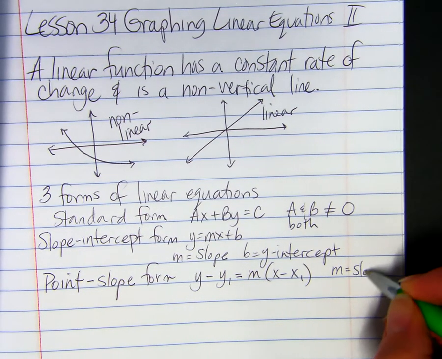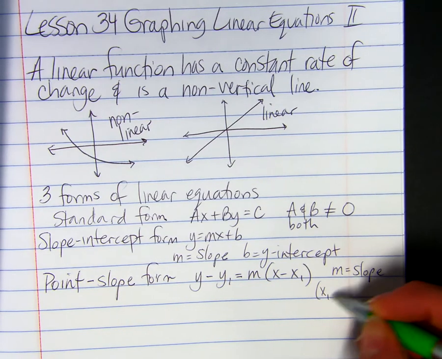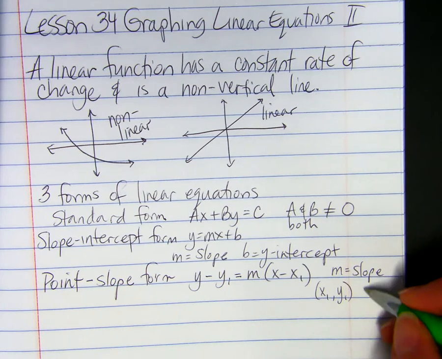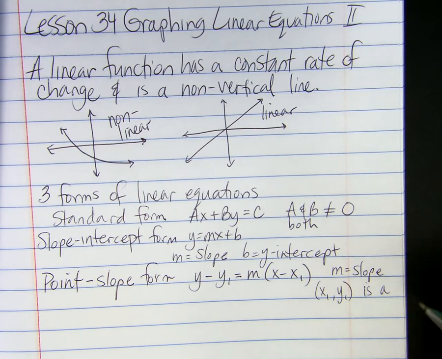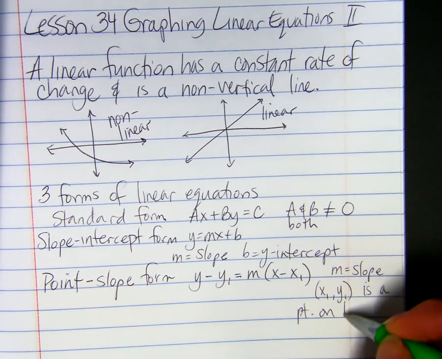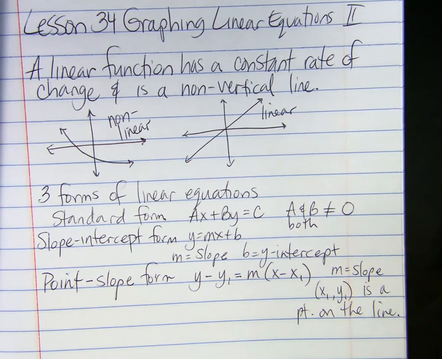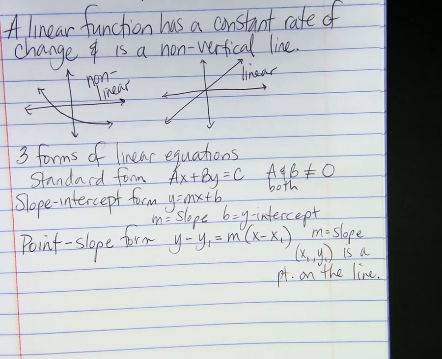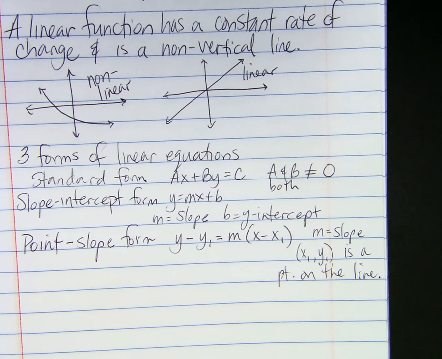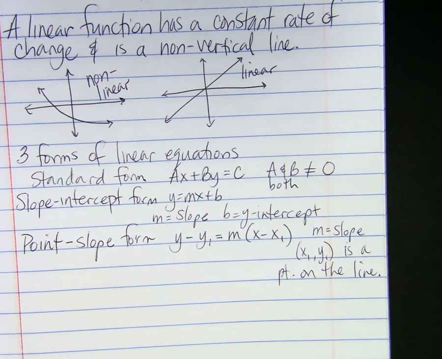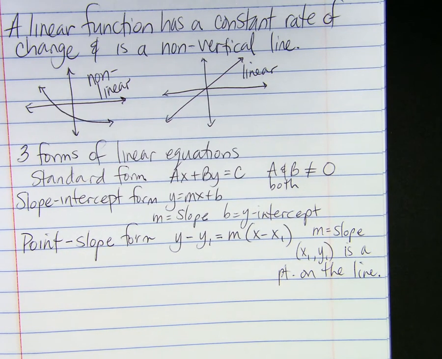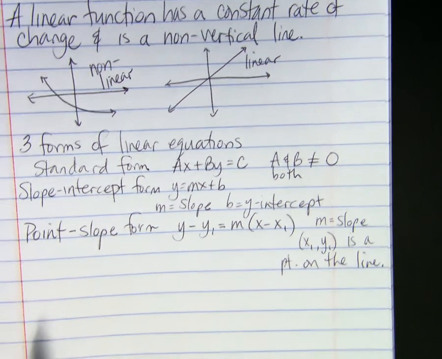M is the slope, and x sub 1 comma y sub 1 as a coordinate is a point on the line. If you know more than one point, then you can have a different looking equation for point-slope form. It just depends on which point you pick. It will be the same equation, just different looking.